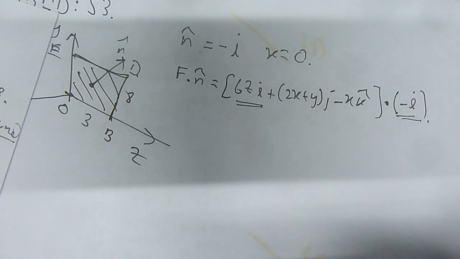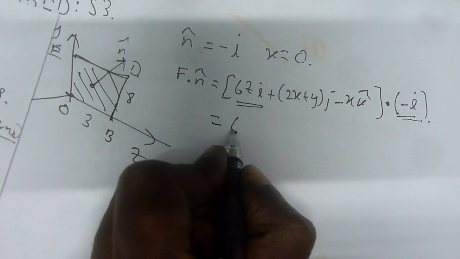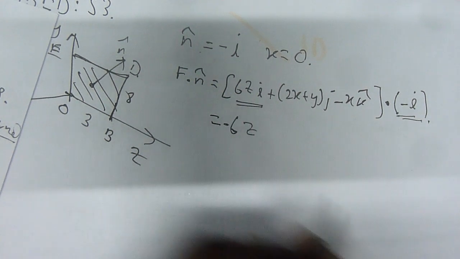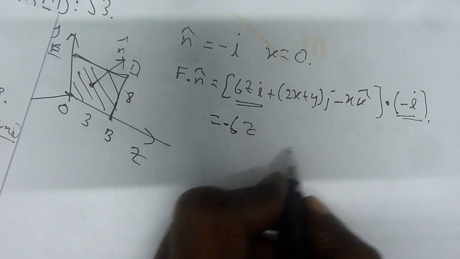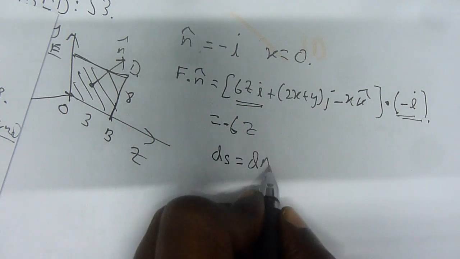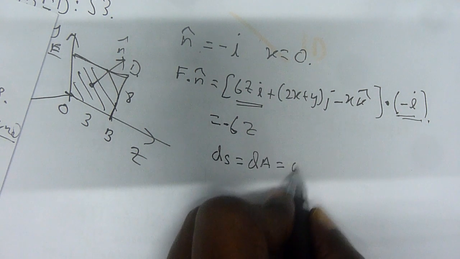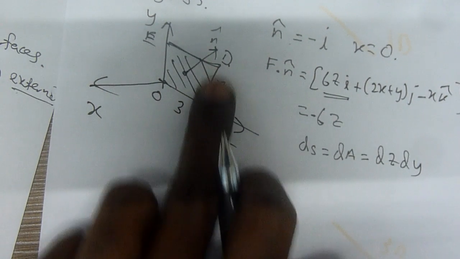Don't see anything else. When you multiply, you get negative 6z. And what about dS? dS is dA, whereby we can write that as dz dy. Very easy, right?